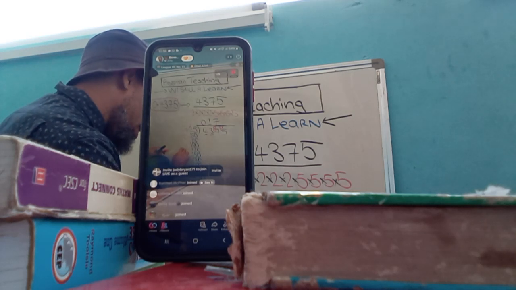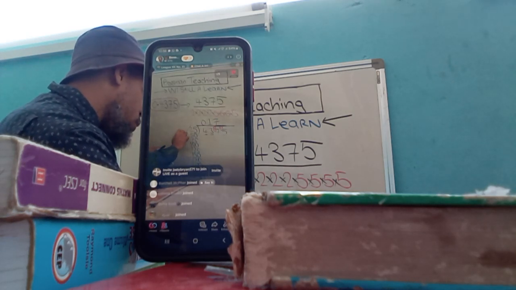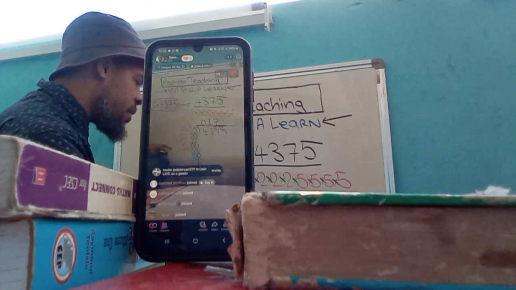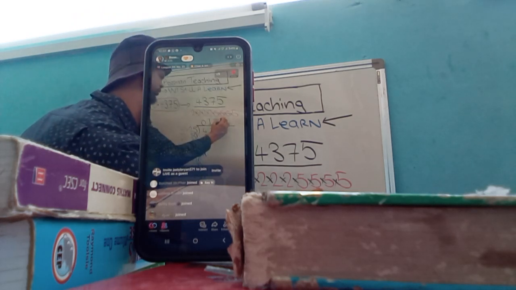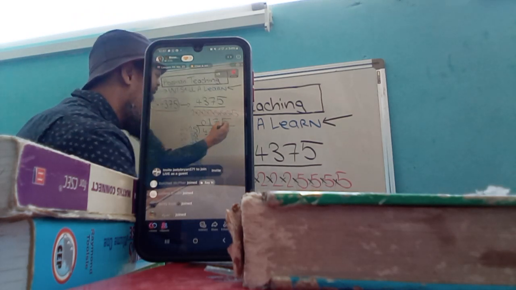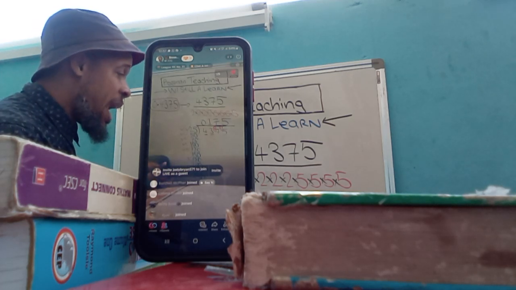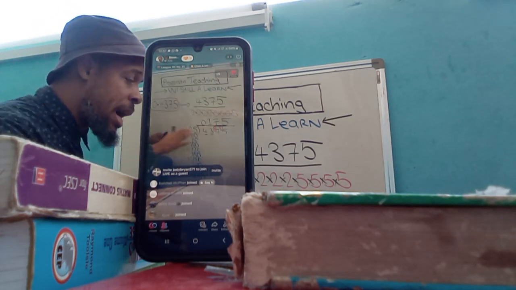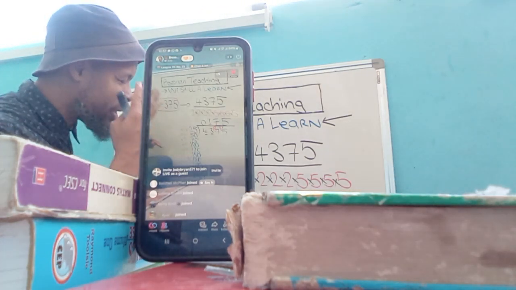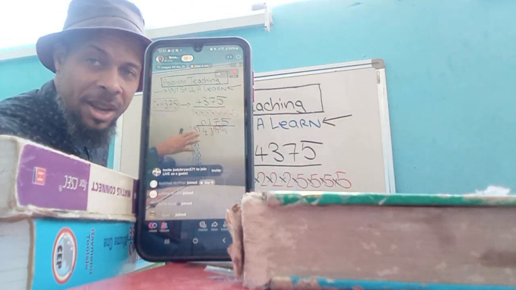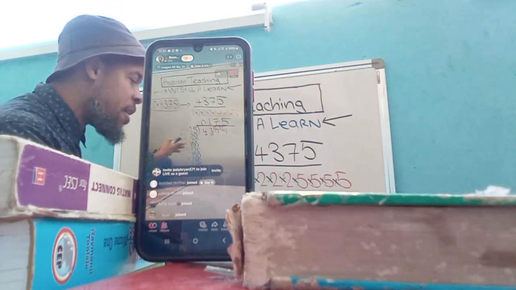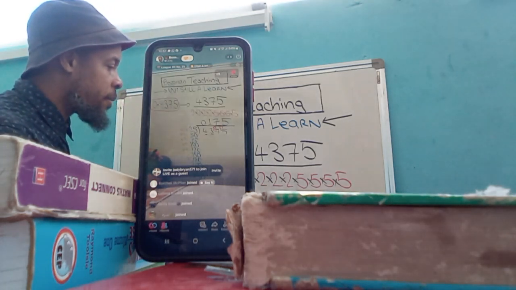So 1, 2, 3, 4, 5. Good. So at the very least we have 125 times, no, 175. Sorry. 175 multiplied by 25.